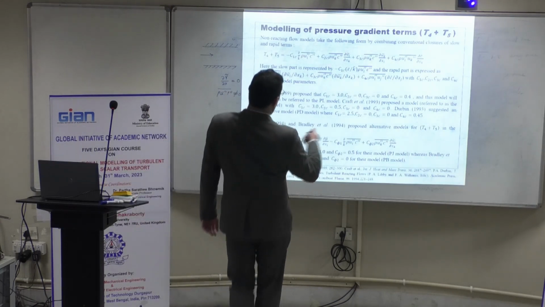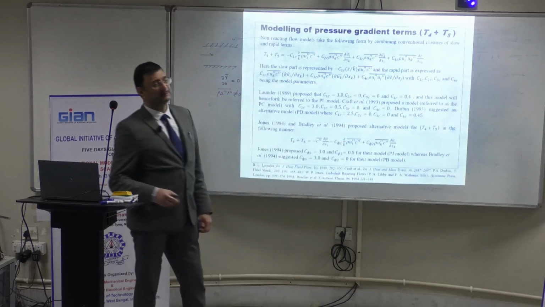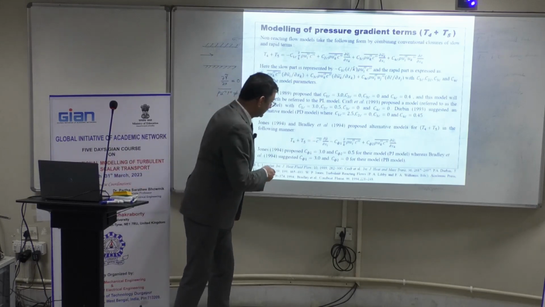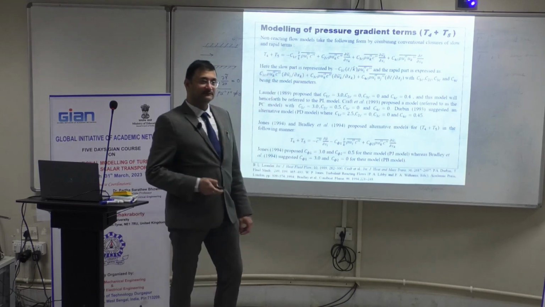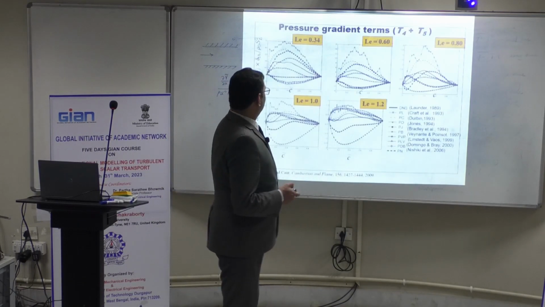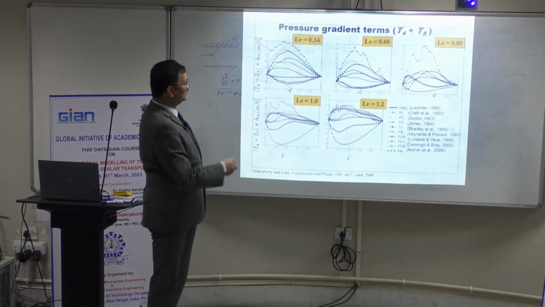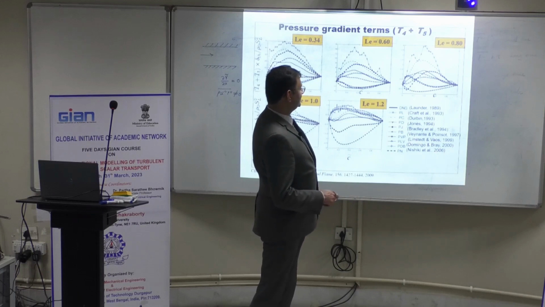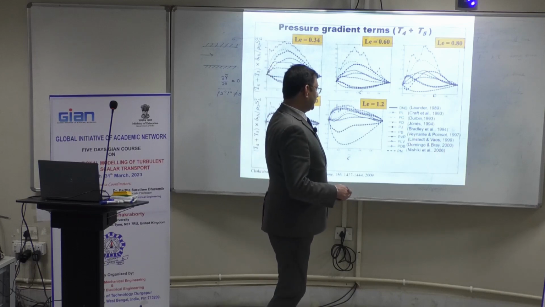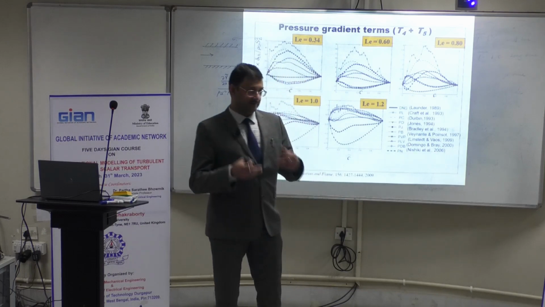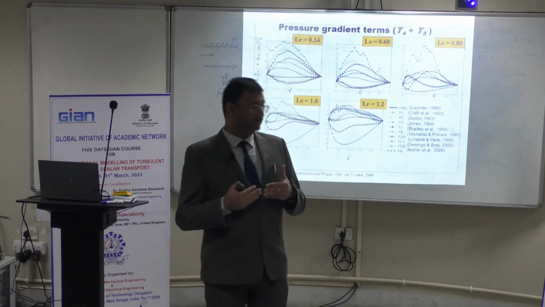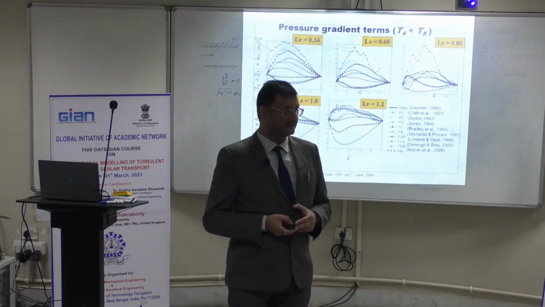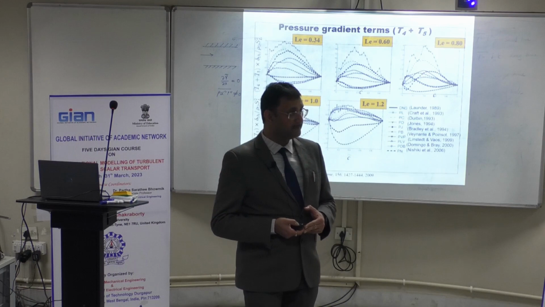You will see these models don't perform very well in the case of this physics. The models which incorporate these effects are more successful. I'm not going into that, but effectively the Nishiki et al. model, the Veynante and Poinsot model, and the Domingo and Bray model, these three models, which explicitly account for the mean pressure gradient effects, are more successful in capturing the DNS behavior.